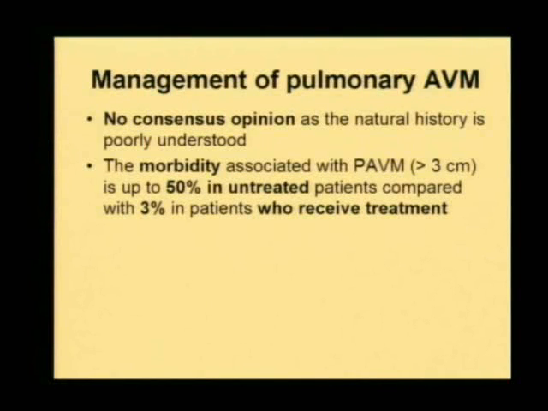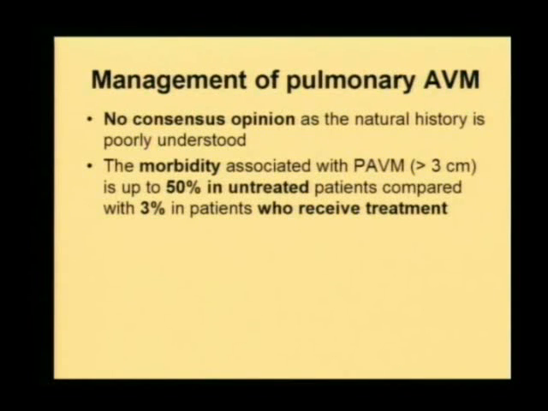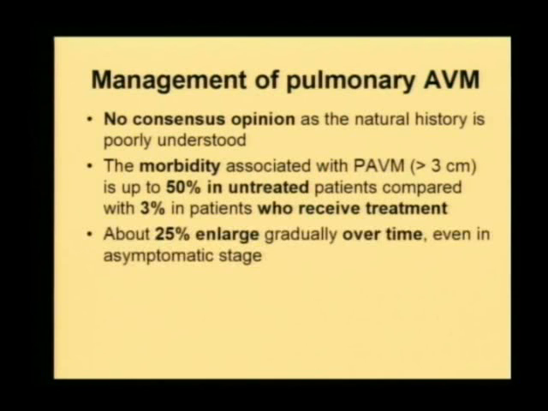However, we do know that malformations which are more than 3 centimeters in size have over 50% morbidity in untreated patients, vis-a-vis 3% morbidity in patients who receive treatment. So clearly there is an understanding here, malformations which are beyond 3 centimeters in size should be treated irrespective of their symptom status.